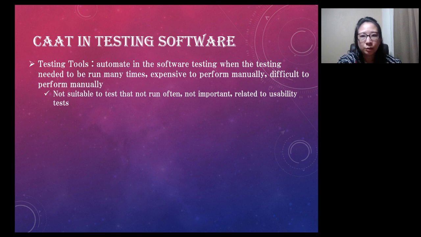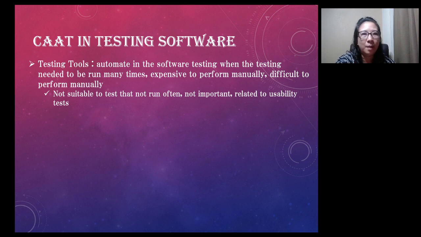These testing tools can actually also be considered as CAAT tools, because when we can find something wrong during the testing phase, it can be used as our consideration during the audit. Example, if we know that there is a bug that is not yet solved during the implementation phase, it means this bug can lead to a big mistake later after the software is used, right?